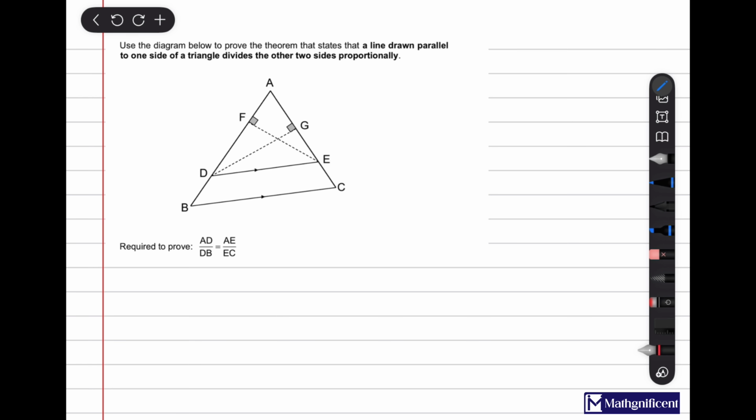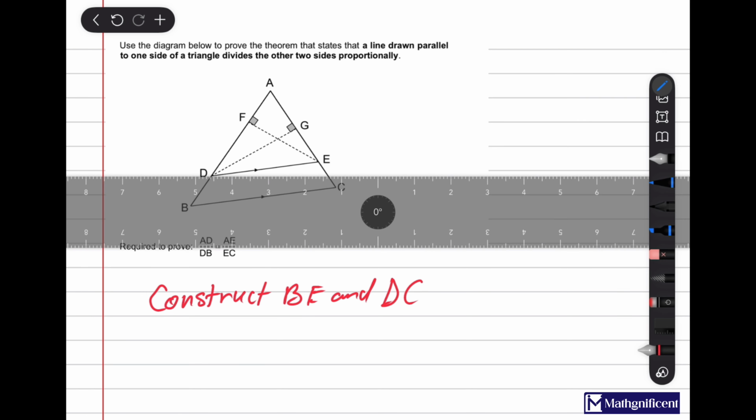So now we know that we have to make constructions, right? We have to make constructions. So the very first construction that we are going to make, we are going to construct BE and DC, right? You have to construct BE and DC.